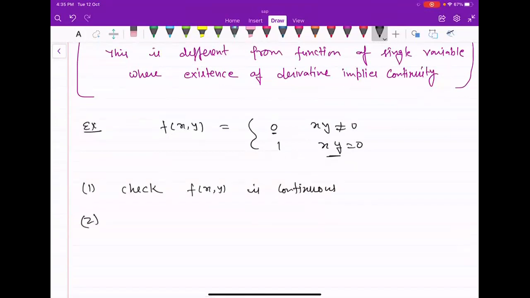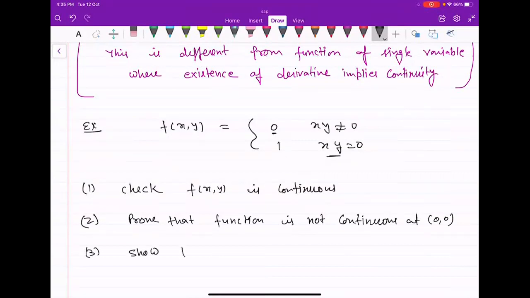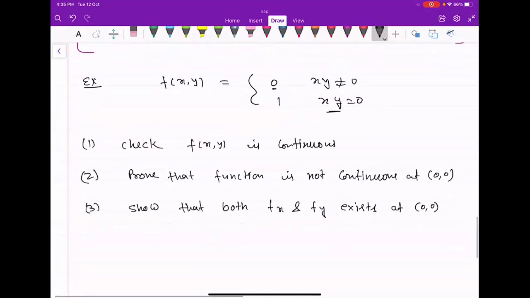Second point is, prove that the function is not continuous at the origin, at (0,0). And the third part is, show that both fx and fy exist at the origin, at (0,0). So let us do it.